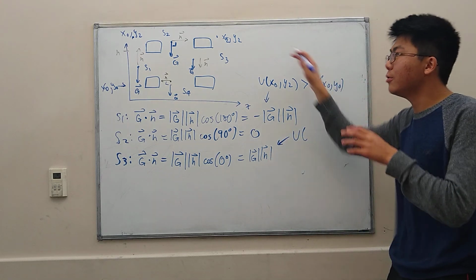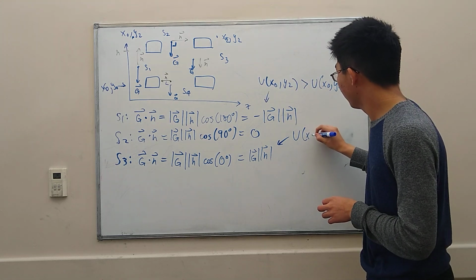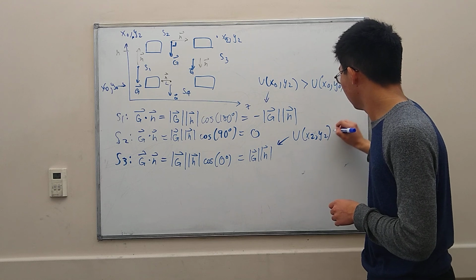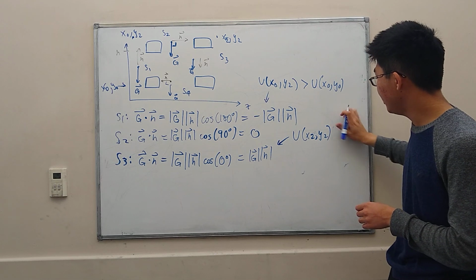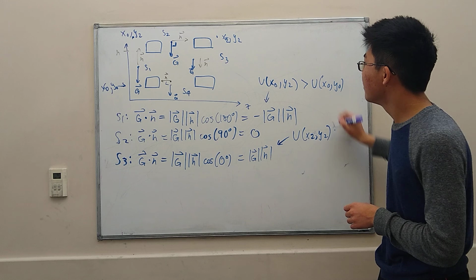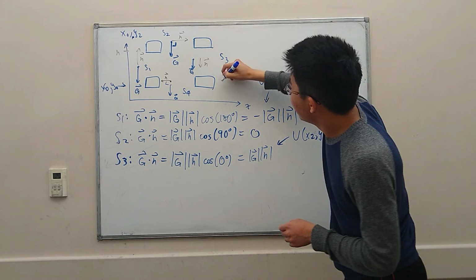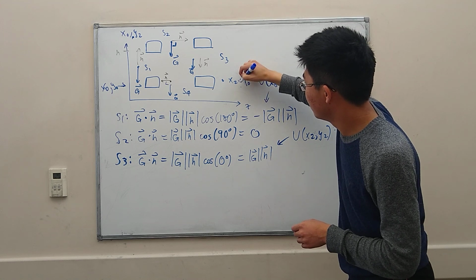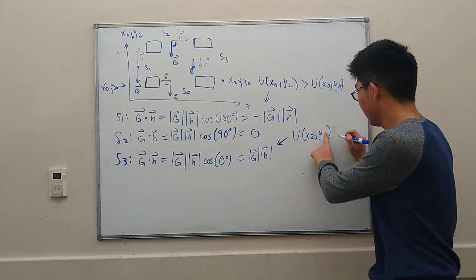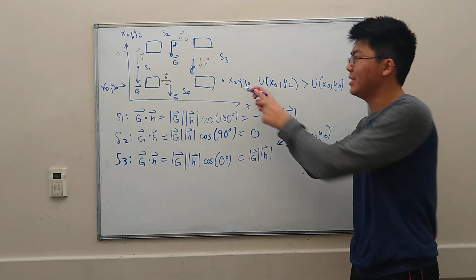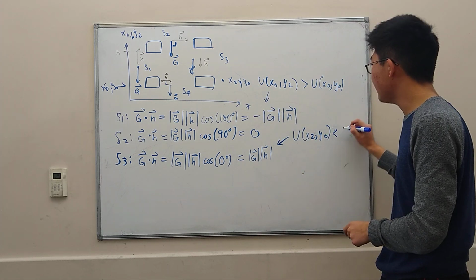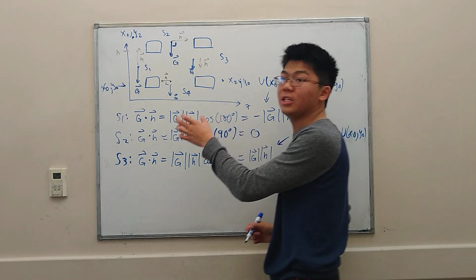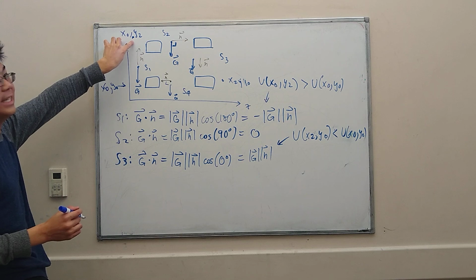In this case, the potential energy function right here tells us that it's actually, oh, sorry, this should be x2, and this should be y0. So, the potential energy function tells us that this is actually less than the potential energy function evaluated at the point here.